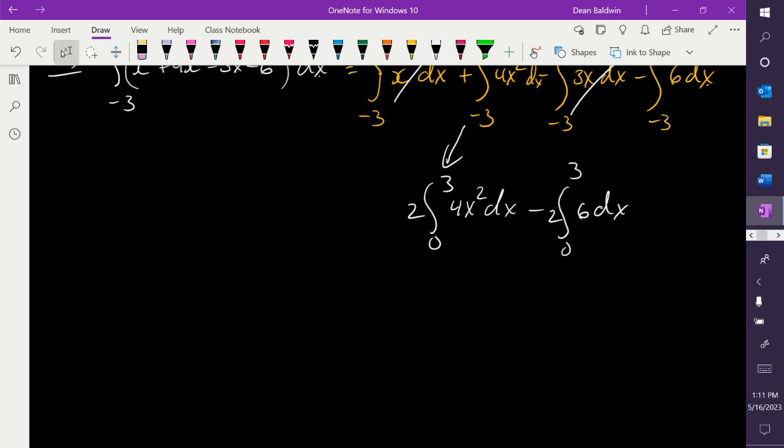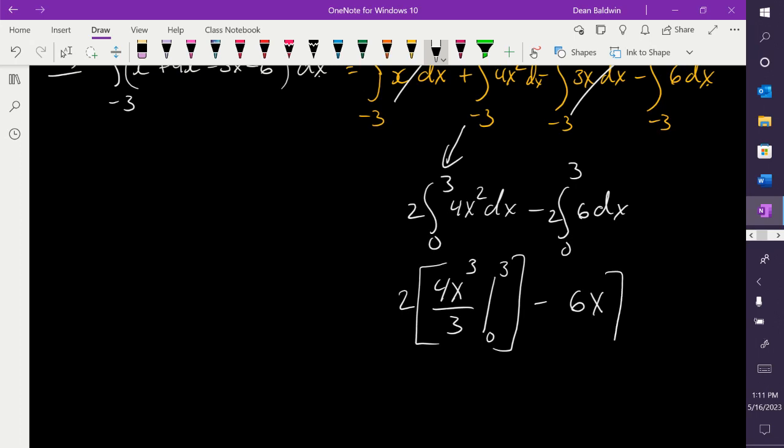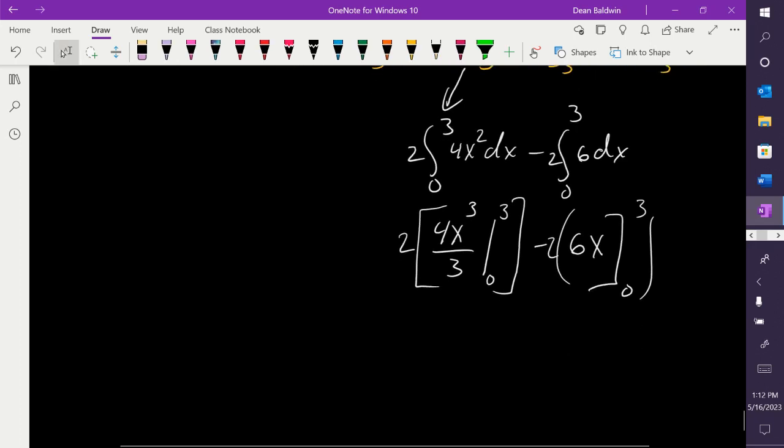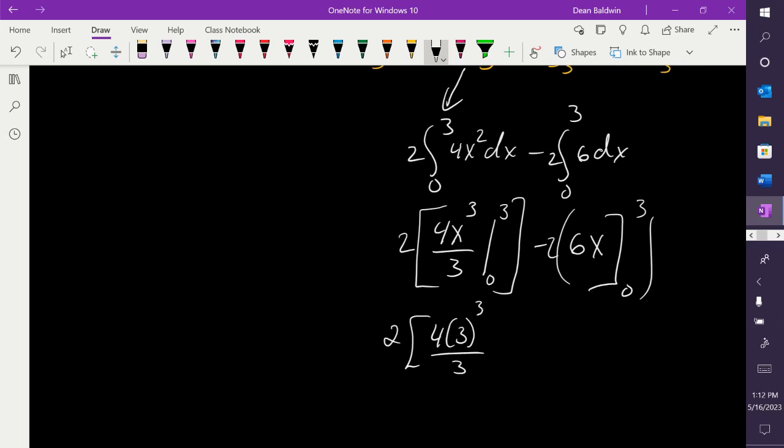So 4x squared becomes 4x cubed over 3, evaluated from 0 to 3. Just remember to multiply by 2. 6 becomes 6x, evaluated from 0 to 3. Just remember to multiply by 2. And then just plug everything in. And then you could go minus, but you put 0 in and it goes away.